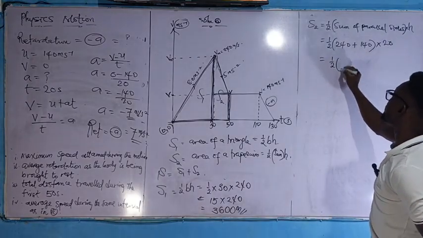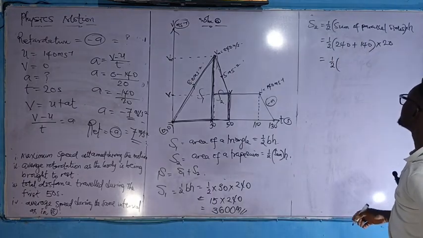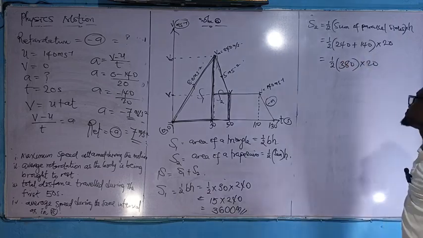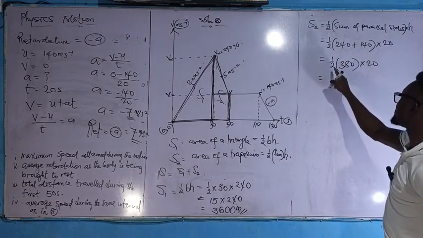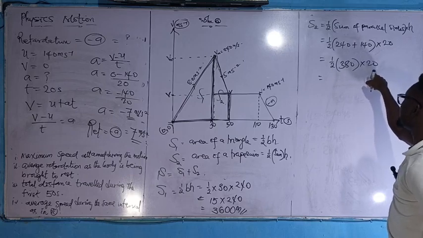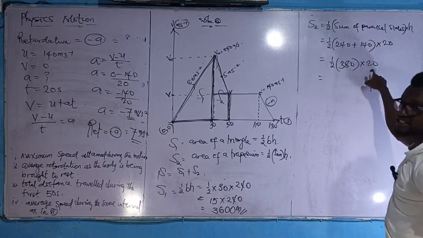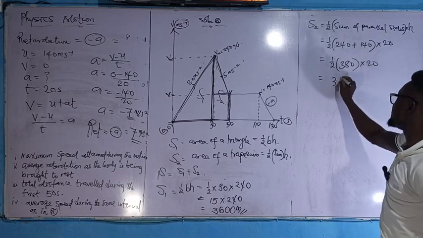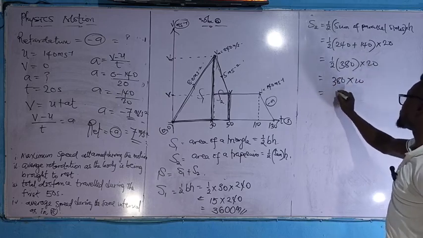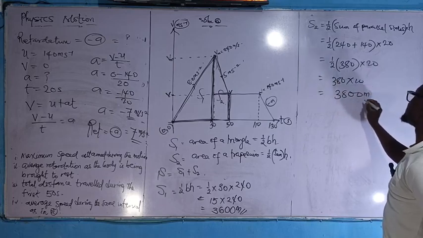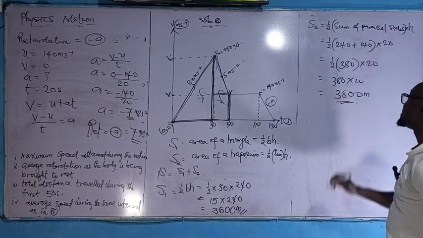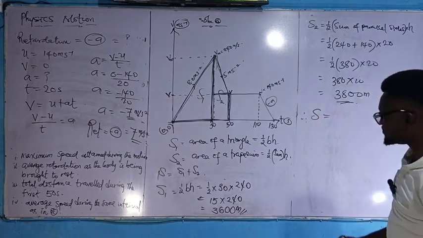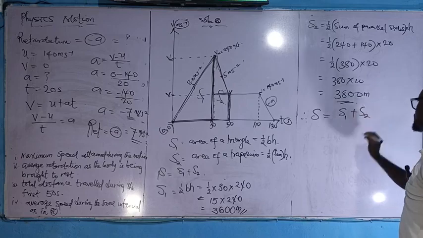Hence we have half of 240 plus 140, which gives us 380, then times 20. If you simplify this, we have half times 380 times 20. I would prefer doing it this way: half of 20 gives us 10. So we now have 10 times 380, which gives us 3,800. So we have this as S2. Our total distance now becomes S1 plus S2.